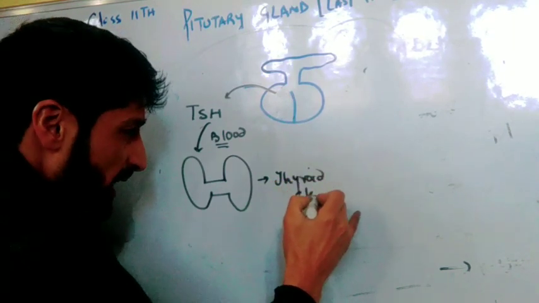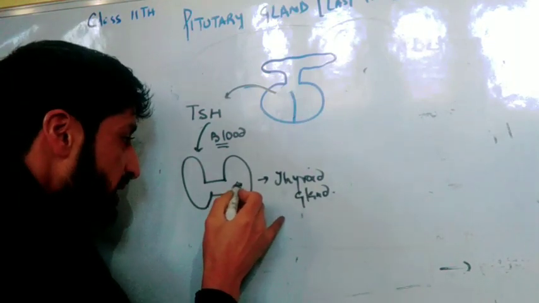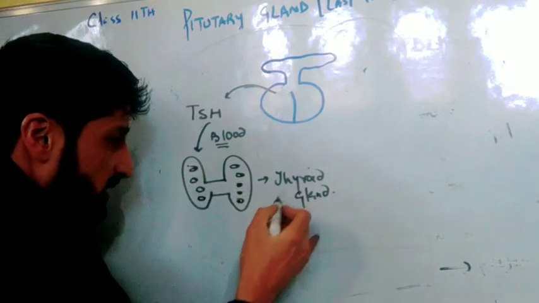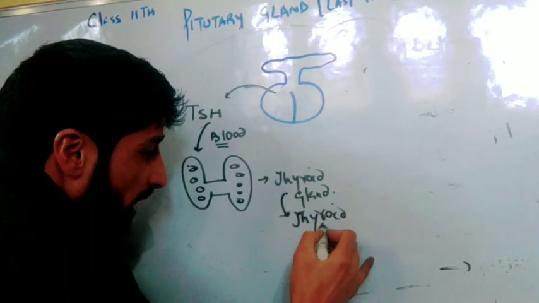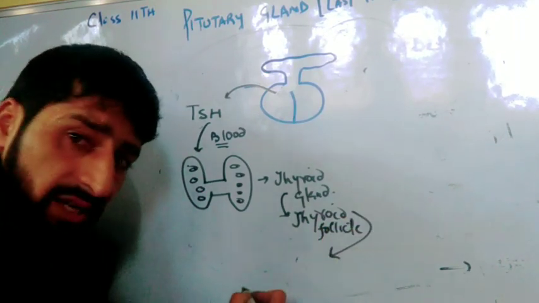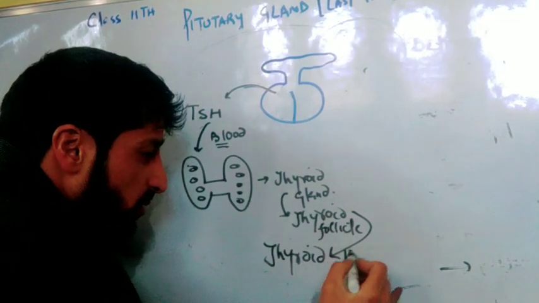You have studied that the thyroid gland contains thyroid follicles. The thyroid gland contains special structures known as thyroid follicles, and these thyroid follicles produce thyroid hormone.